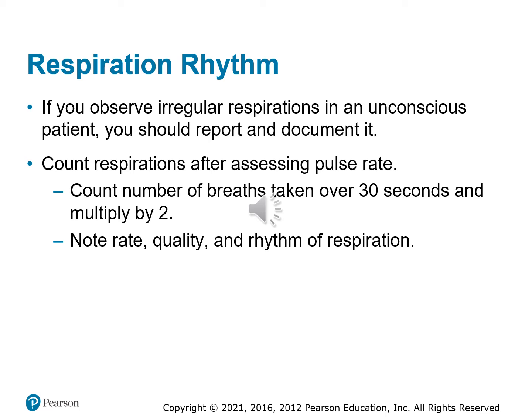The reason being, you can't see a pulse rate, you have to feel for it, but you can visually see respirations occurring. So while you're checking the pulse, you are able to see their chest rise and fall. You're going to understand that they're breathing, and then you can do a further assessment once you get the pulse taken care of. Similarly to the pulse, 30 seconds, multiply it by 2. We're looking for rate, quality, and rhythm with that.